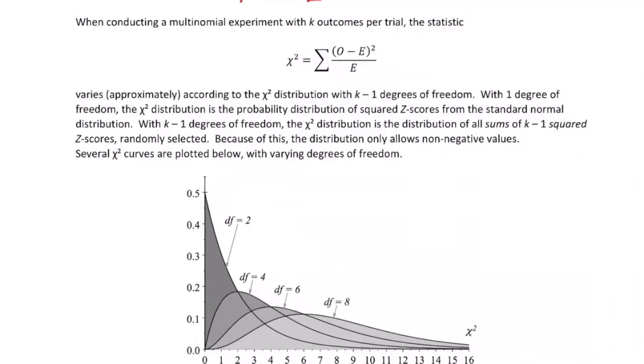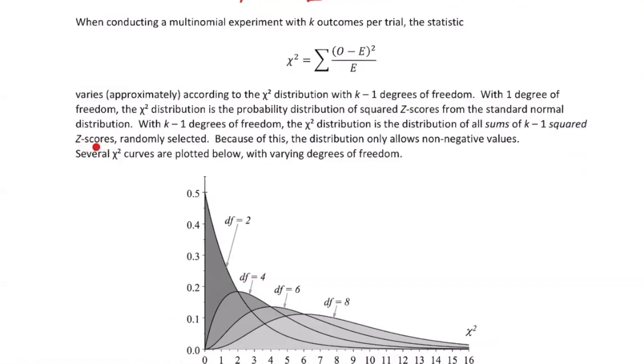With 1 degree of freedom, you have the distribution of squared z-scores. But listen to this, with k minus 1 degrees of freedom, the chi-square distribution is the distribution of sums of k minus 1 squared z-scores. So you're doing a whole bunch of z-scores squared and adding them up. And k minus 1 is the number of random z-scores, so the number of z-scores is the number of degrees of freedom.